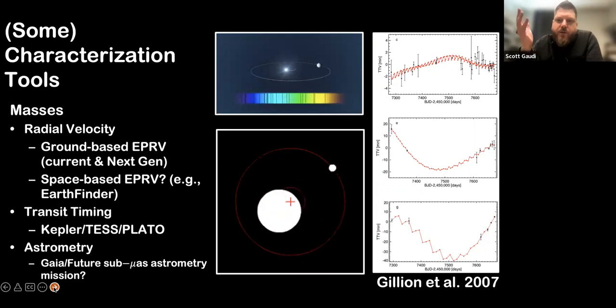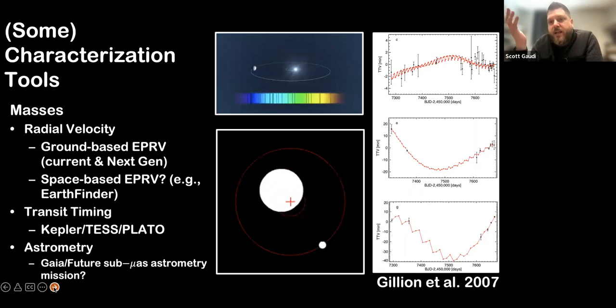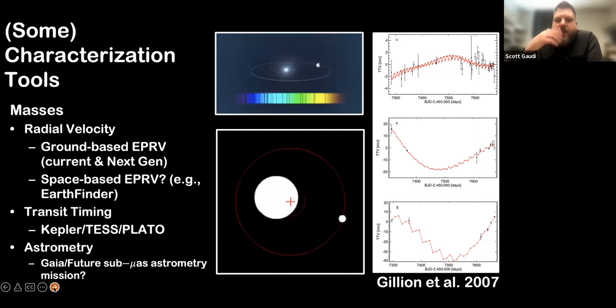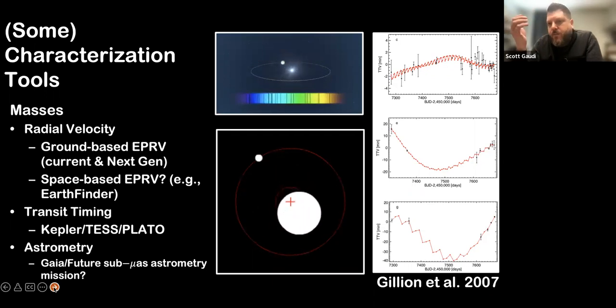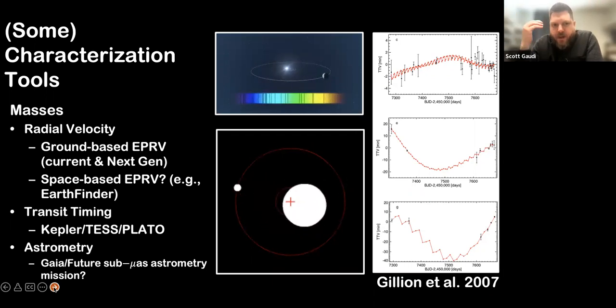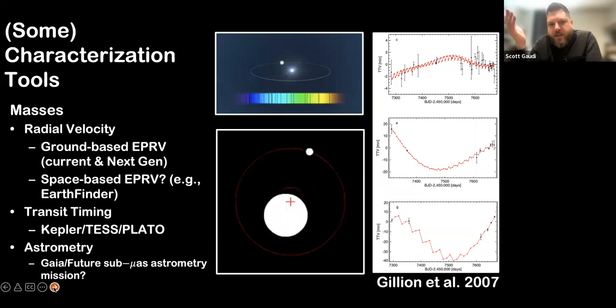We can imagine future EPRV at sub 10 centimeter per second, maybe something in space like the Earth Finder concept led by Peter Plavchan, that might give us sensitivity to low mass planets. And astrometry, we have Gaia, and in the future, maybe a sub micro-arcsecond astrometry mission. We can measure masses with transit timing variations as well, for transiting planets only, obviously, in multi-planet systems.